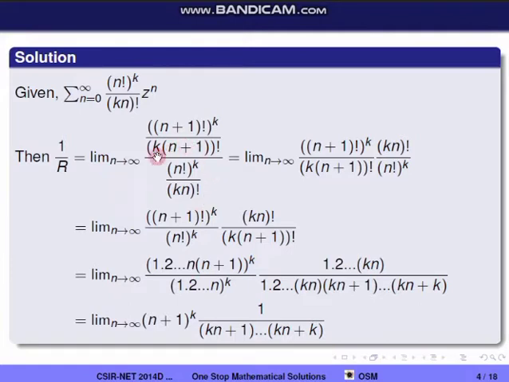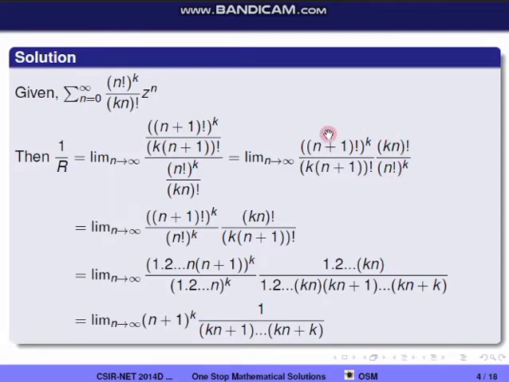I am taking this whole term to the upper side. So this is equal to limit n tends to infinity ((n plus 1) factorial) whole power k into (kn) factorial divided by (k(n plus 1)) factorial into (n factorial) whole power k.